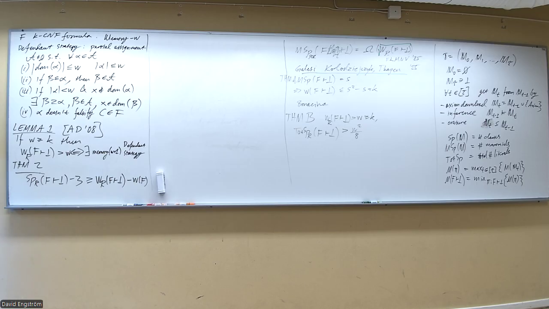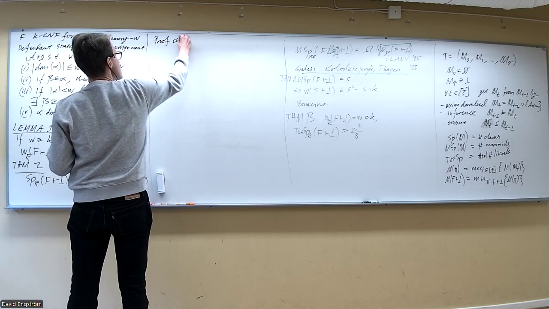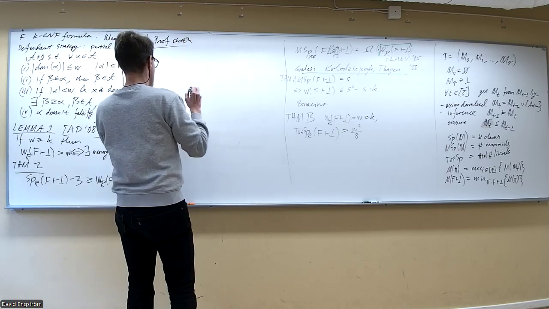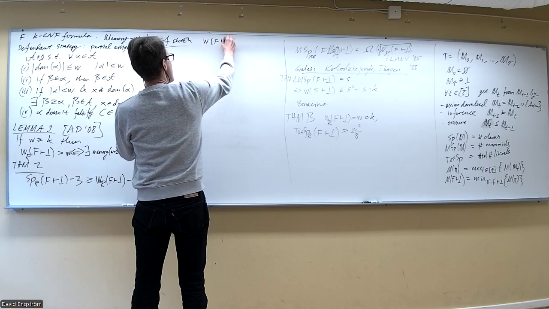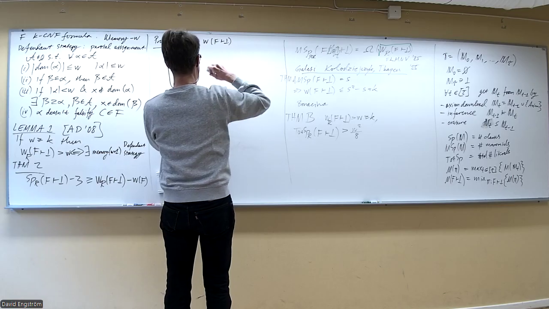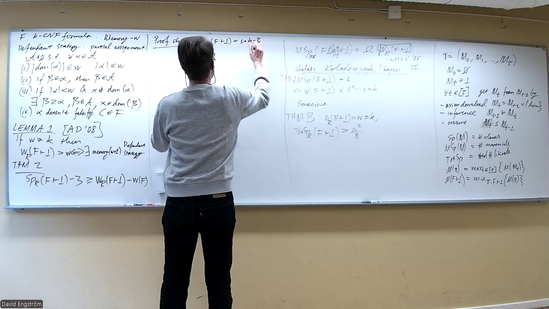How did the proof for this go? Well, a super quick proof sketch would be something like this. Suppose that the width of refuting F is S plus K minus 3.